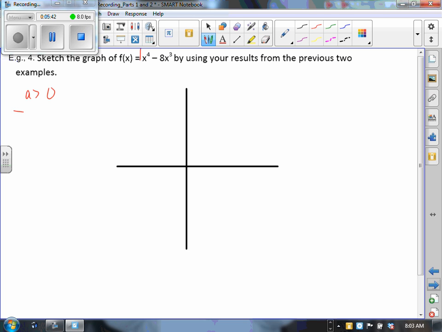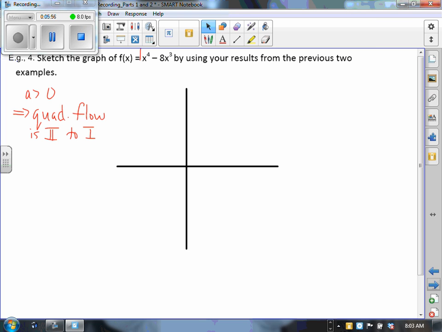What that implies is that the quadrant flow is from quadrant 2 to 1. Recall that quadrant 2 is here, quadrant 1 over here. So we know that the function will end in this direction as well as over there.